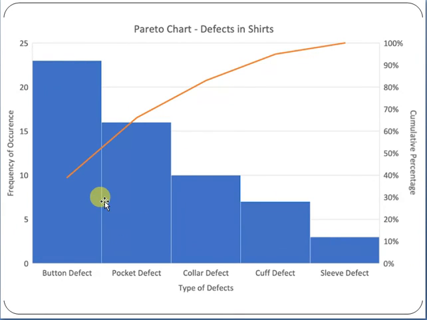So from this Pareto chart, you can easily understand that most of the problems and frequency of occurrences are in button defects, then pocket defects, then collar, then cuff, and then sleeve. So most of the issues are occurring in button defects. You have to focus on it and take action accordingly, so that you can analyze the problem and take corrective actions.